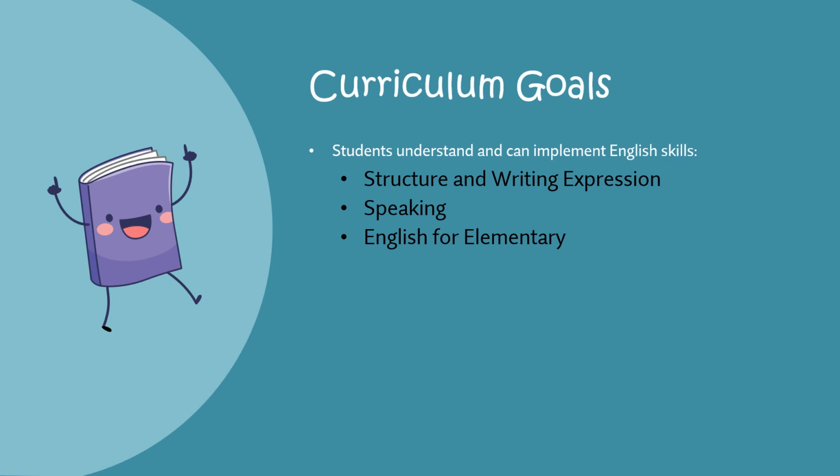Okay, we have curriculum goals. I hope that after this course, you can develop your skills. Students understand and can implement English skills such as structure and writing expression, speaking, and English for elementary. What's the meaning of structure and writing expressions?